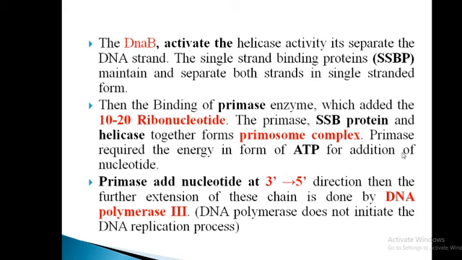For the addition of nucleotides, primase requires ATP. Then the further extension of this chain is done by DNA polymerase 3. DNA polymerase does not initiate the DNA replication process, which is why we require the primers.